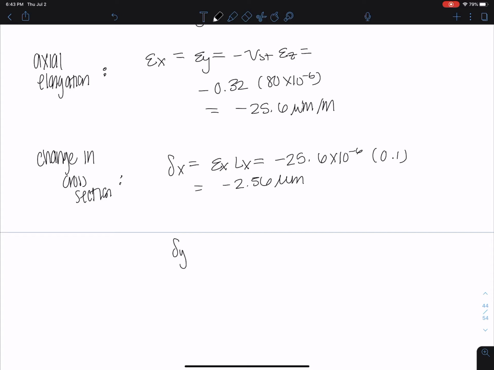And delta y is epsilon y times the initial length of y, negative 25.6 times 10 to the negative 6 times 0.05, and we get negative 1.28 micrometers. So really, this is just a lot of plugging in to equations after you solve.